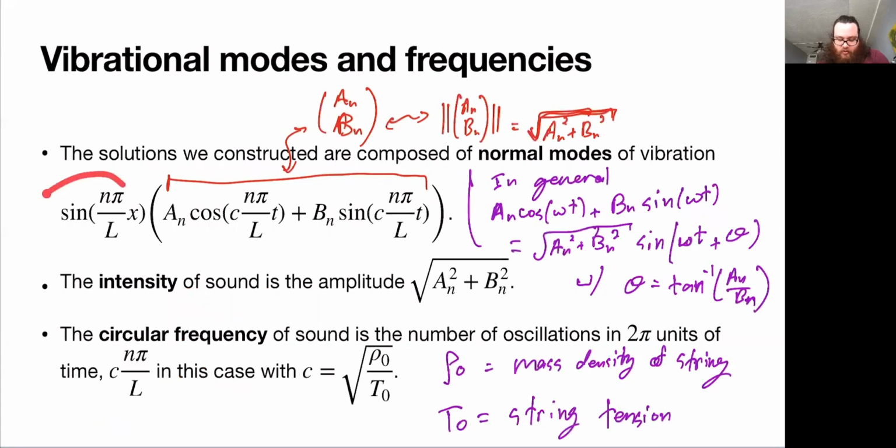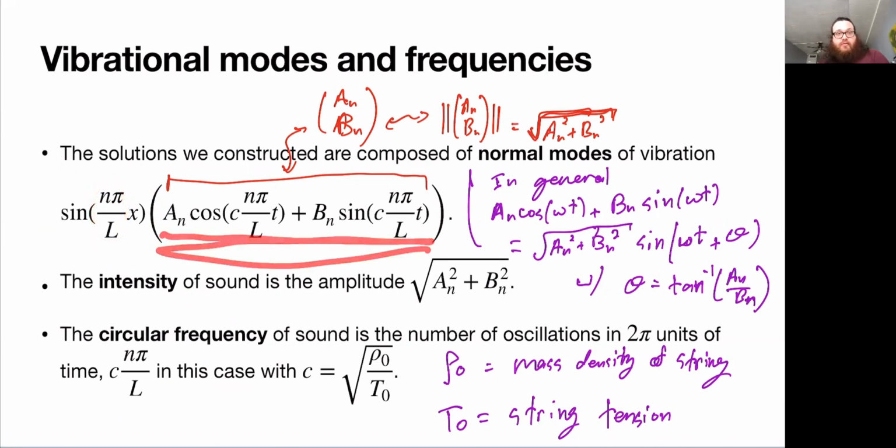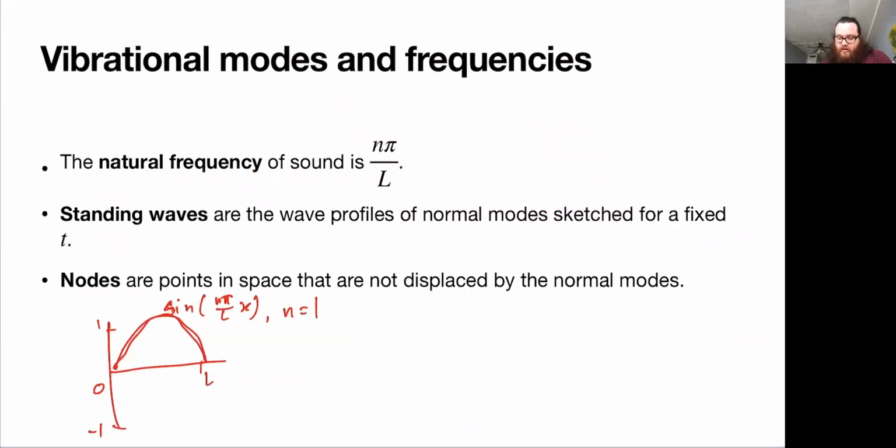So we've sketched this with some fixed t. Now we're going to sketch the same profile for the natural frequency with n equals 1, but now we're going to vary this expression with t. As we've said, as you increase t, this is going to cause the displacement to oscillate up and down. If we increase time a little bit, maybe the displacement of the string will be right there.